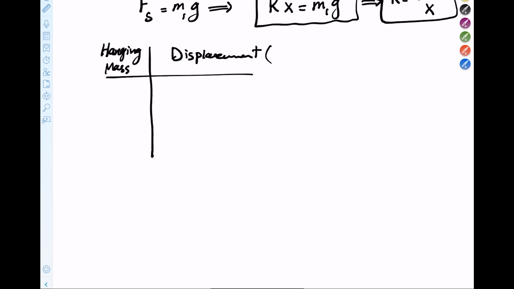Displacement is simply x final minus x relax, or in what I showed, x2 minus x1. Final position minus the relaxed position.